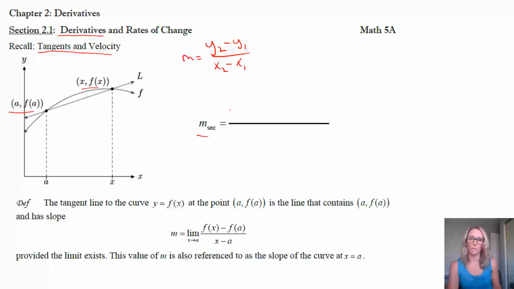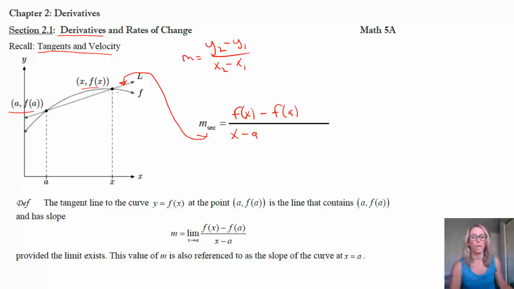We just have some different notation for the values. So we can say f of x minus f of a over x minus a. So that would be the slope of that secant line. Okay, so it's the slope of that line.